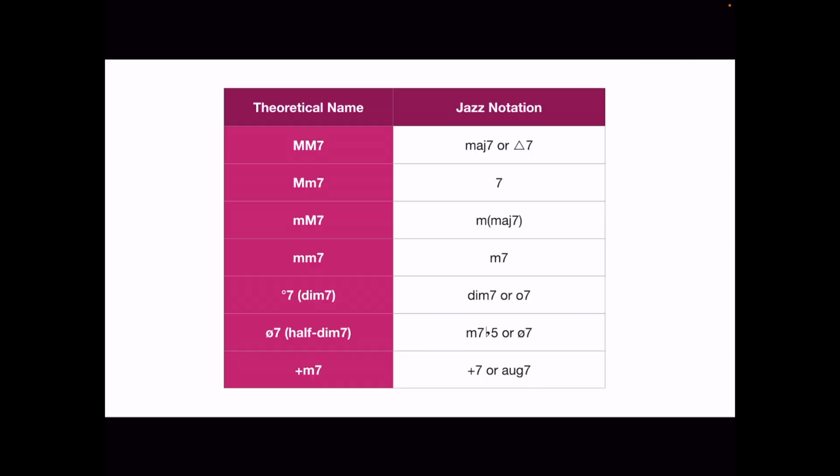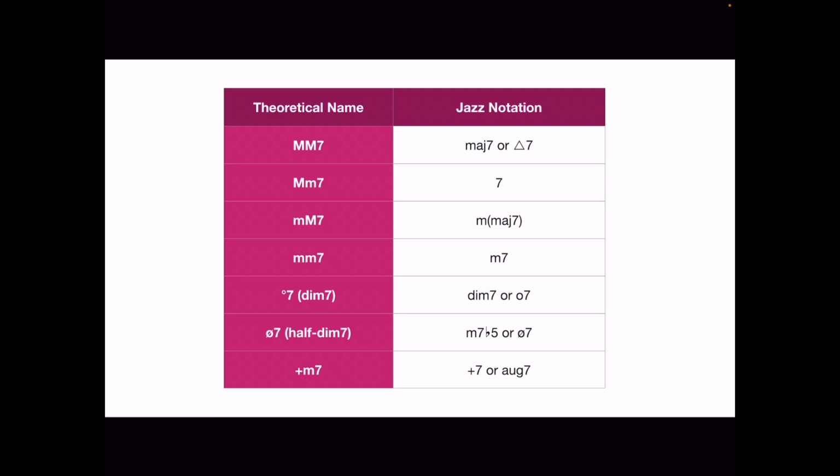All right, so like I said, what we are learning in this class are the very, very precisely defined theoretical names of these chords. But out there, you will see something completely different. So instead of major, major 7th, in the real world, it's written as MAJ7 or a triangle 7. So that's the more common way to notate these chords.